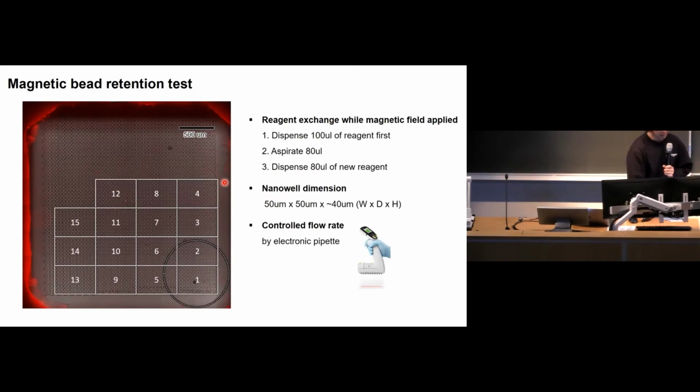I just repeatedly aspirate and dispense the reagent in it while the magnetic field is applied. I'm not sure you guys can see, there are magnetic beads which glow red, initially seated in the nanowell, and while the magnetic field is applied, it holds them down.